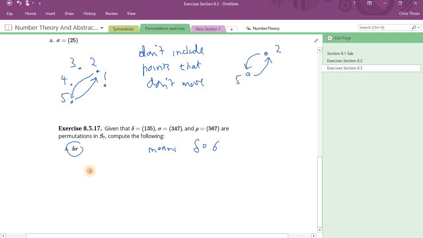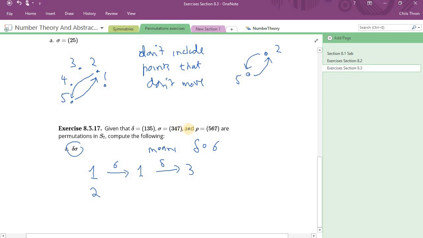So let's look at these one by one. 1 under sigma doesn't do anything because sigma doesn't even affect 1. Right? And then that 1 under delta goes to 3.